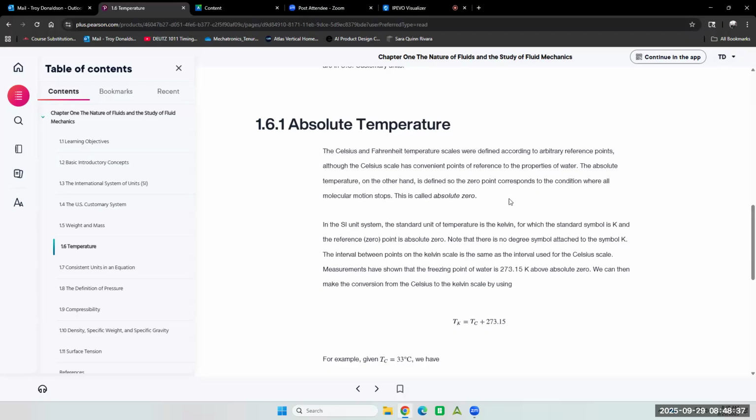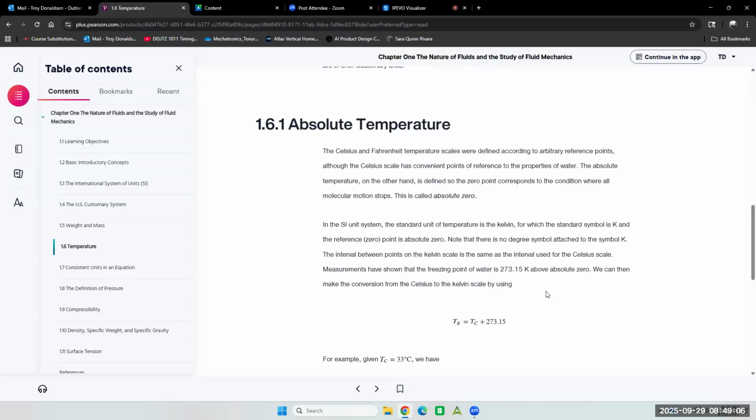So they developed these scales to go really cold. Celsius and Fahrenheit don't work as well when you get really cold, but with these absolute temperatures, 0 is that absolute zero temperature where there's no molecular motion. And then from there, it's just a scale that moves forward. And actually, the Kelvin scale moves at the same rate as the Celsius scale. It's the same increment of temperature.